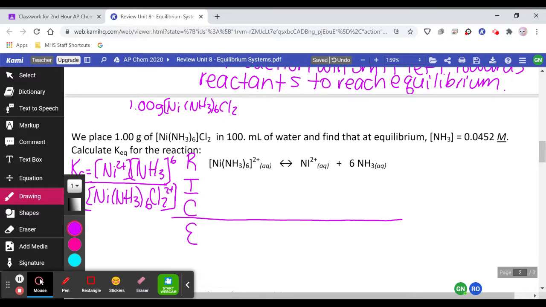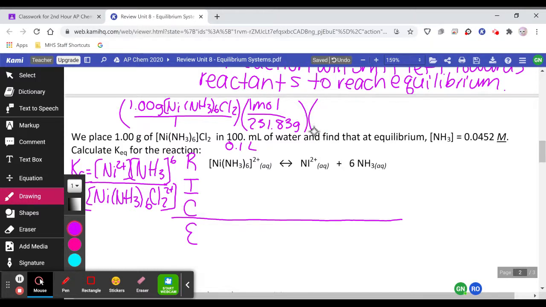So we have 1 gram. So yeah, we're going to have to do molar mass for that. And so we'll have 1 mole of that equal to 231.83 grams per mole. And we have 100 milliliters as our volume, but that would be 0.1 liters, which is what we need for molarity.